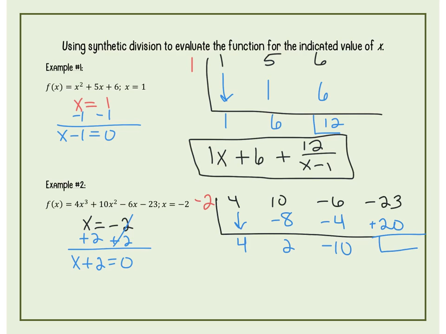Add those together, and the last number is always your remainder. So my answer, I'm going to start one exponent lower. X squared, x, and then the number. And my remainder on top. And remember that I had to know what my denominator was going to be, which is x plus 2.